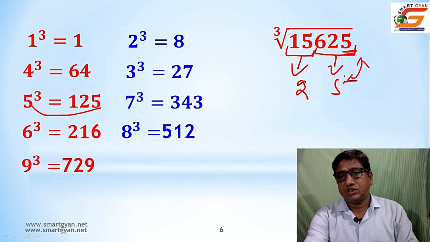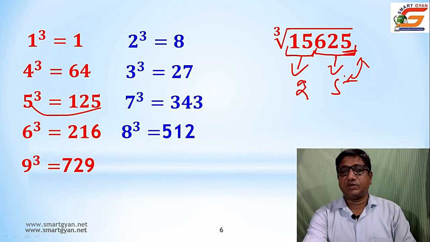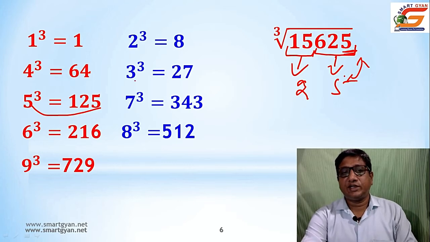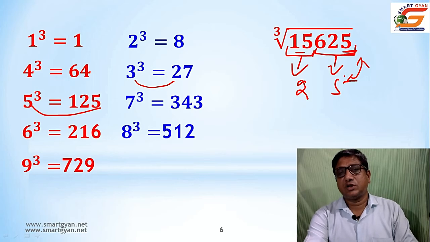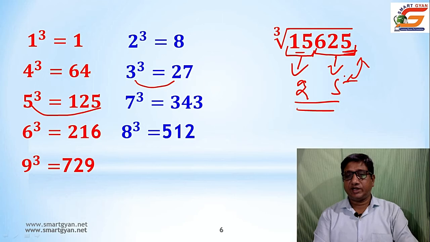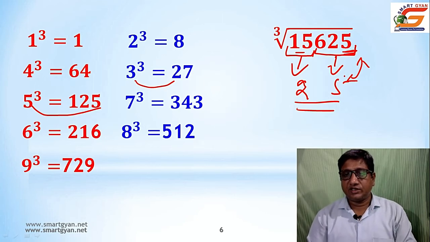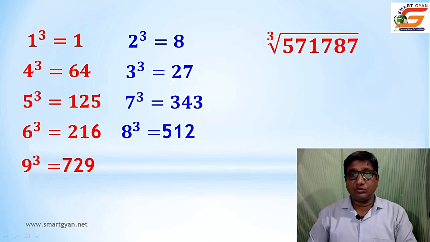Here 2 cube is 8, 3 cube is 27, which is greater than 15, that is why we take 2 as the root digit of the left part. So your final answer is 25. I hope by this time you have been able to understand this. Next, move to the next question.